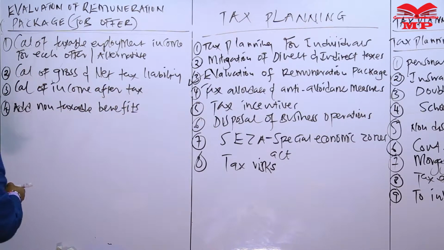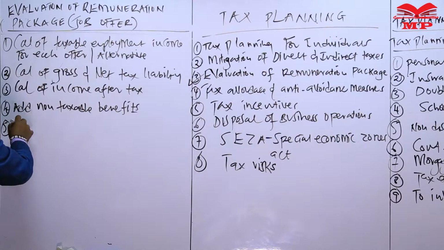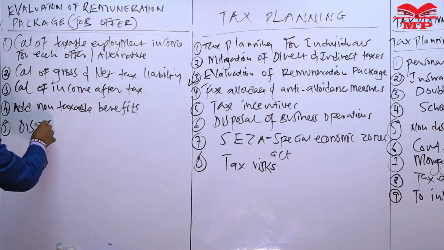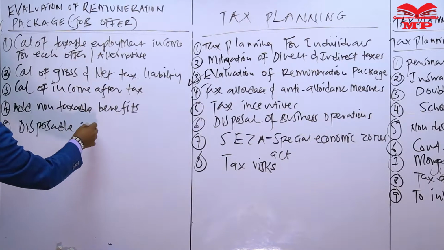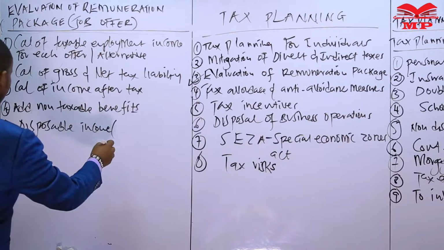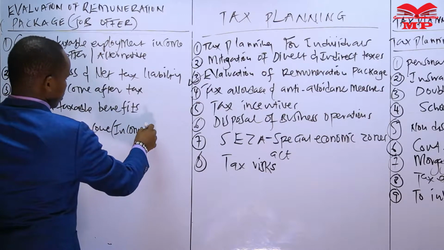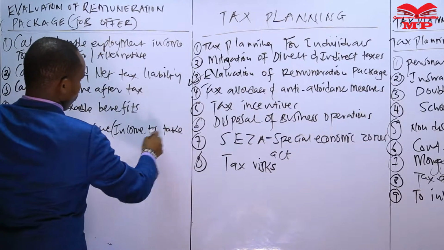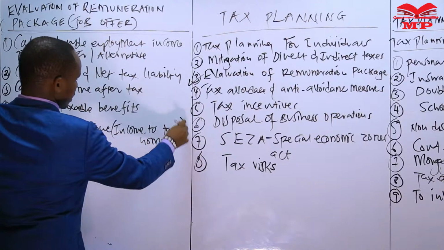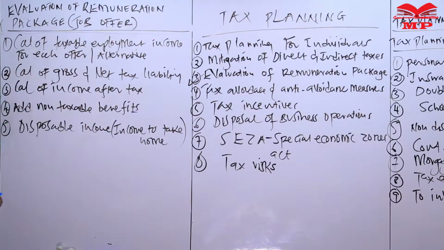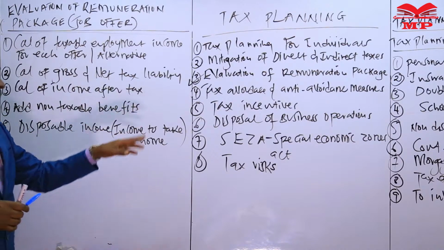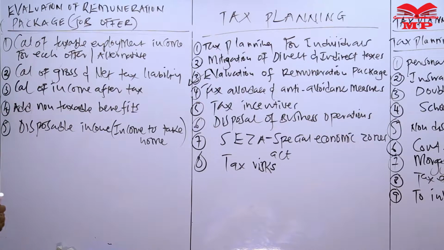Then when you add that, number 5, you get disposable income. And this disposable income is income to take home. You are supposed to make decision based on disposable income or income to take home.